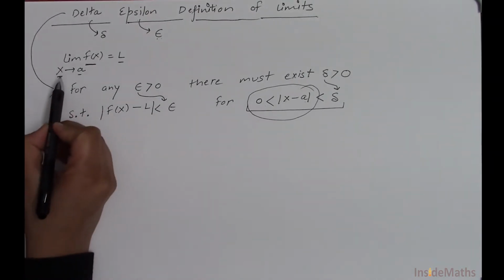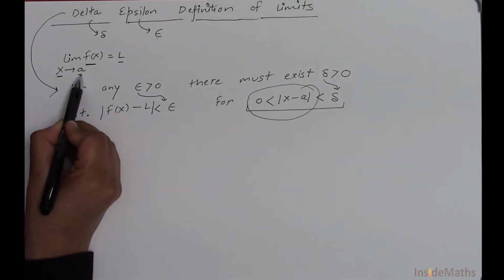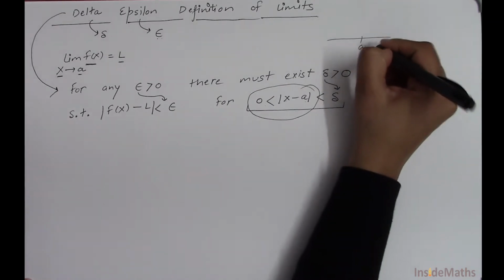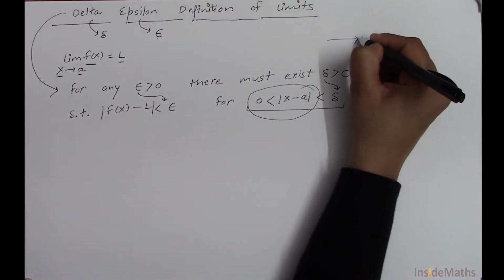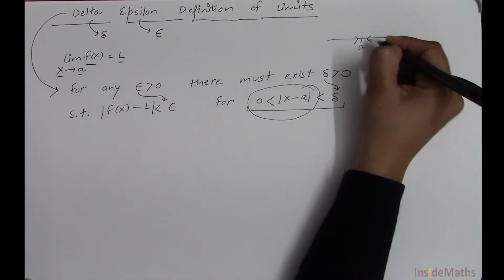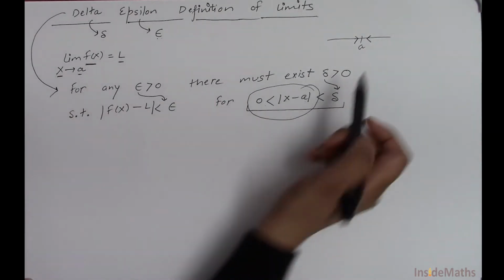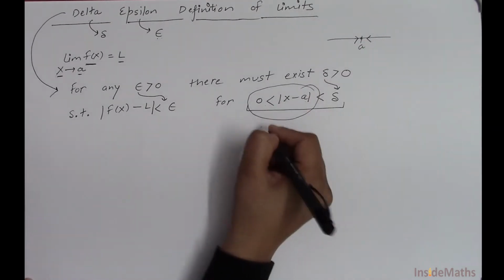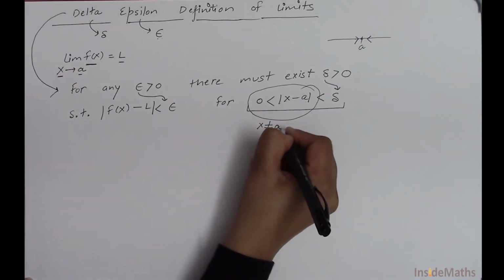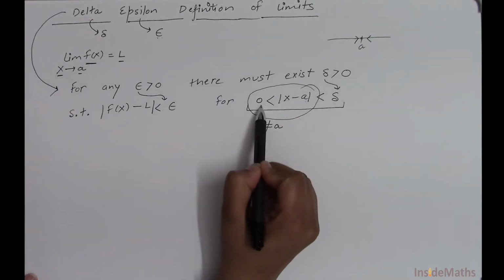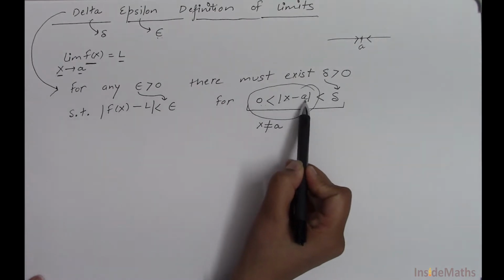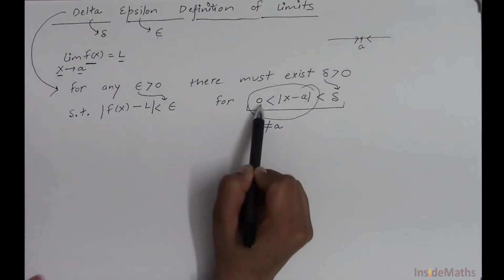In a limit when x is approaching a, x is approaching a from both sides. If this is a point a, x is going to a from the left side and from the right side, but x is never gonna reach the point a. So here x will never be equal to a. That means this difference will never be equal to 0. So that's why the magnitude of x minus a is greater than 0.